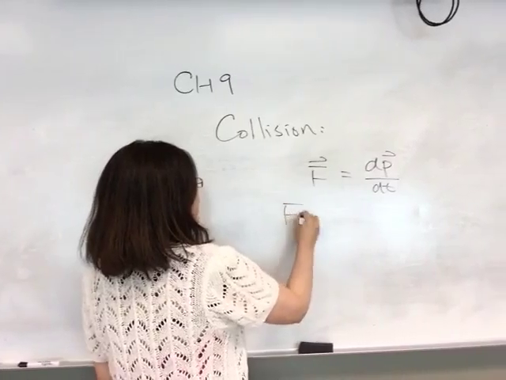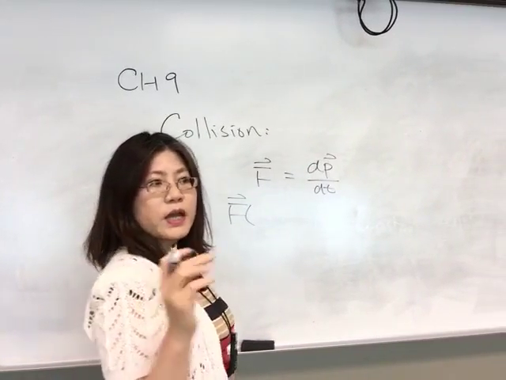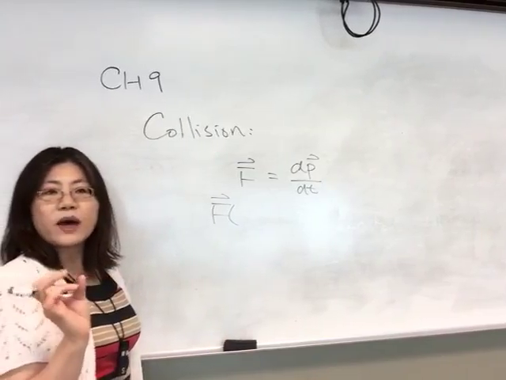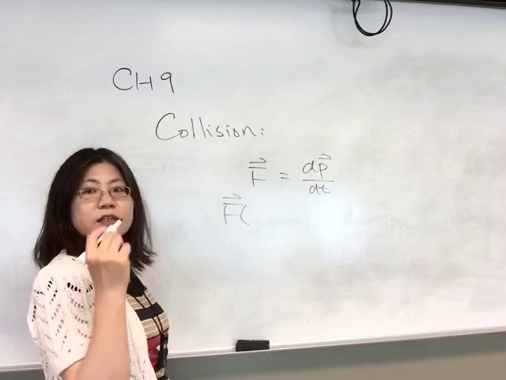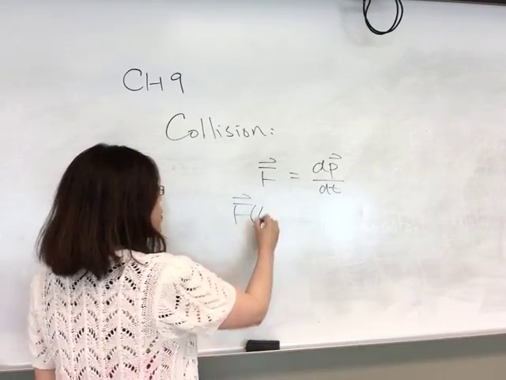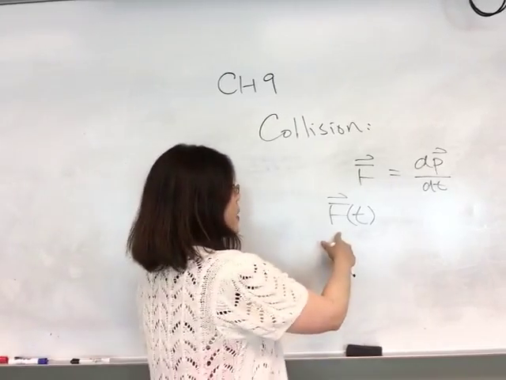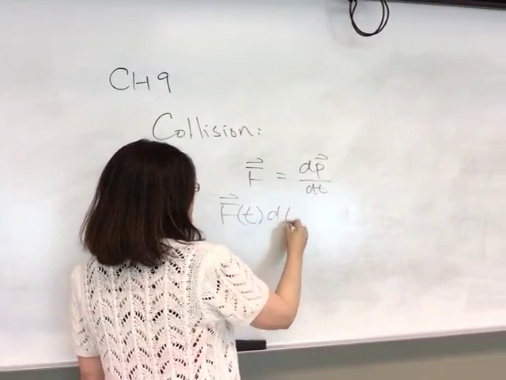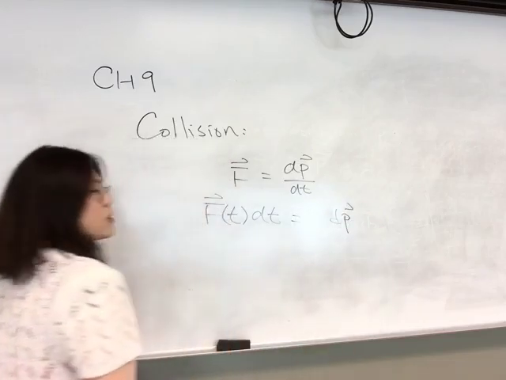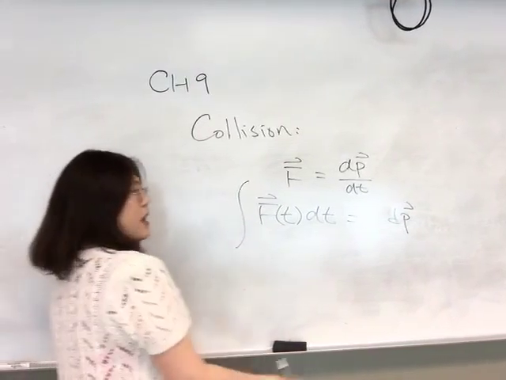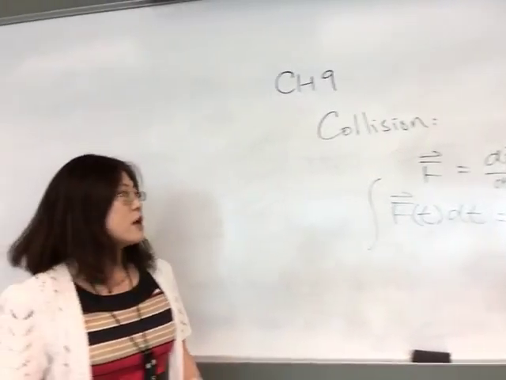Now the force is time dependent, because the particles exert forces on one another within a relatively short time, so the force itself has a time variable. This is F of t, times dt, and on the right-hand side you have dp. We're going to integrate on both sides. If you're not quite familiar with that, this is just for your information.